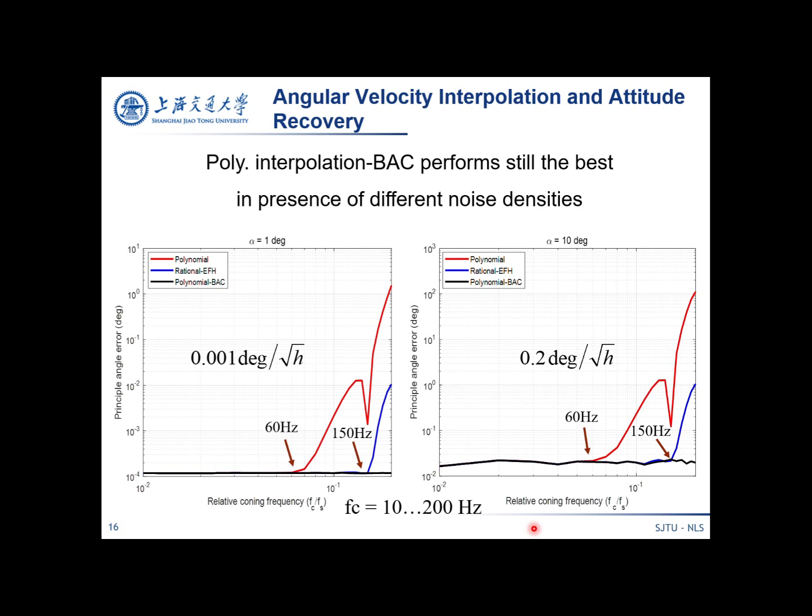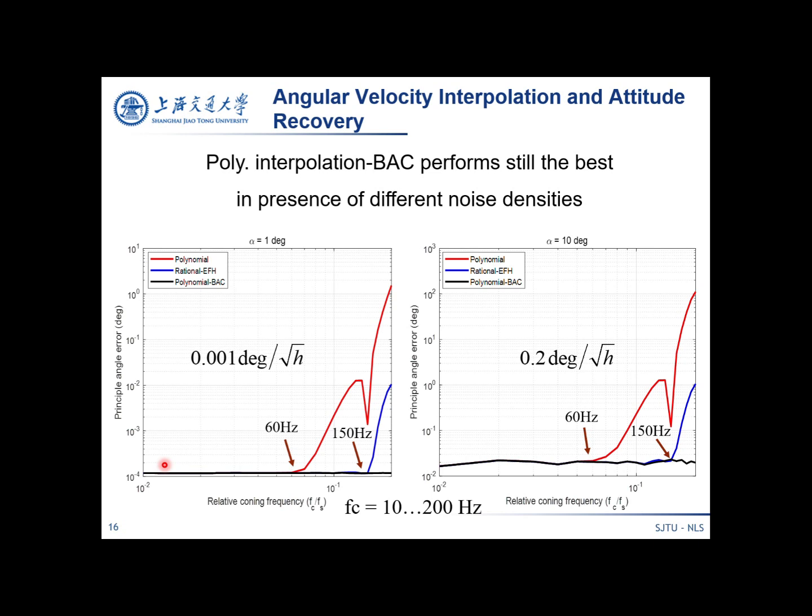For coning frequencies below 60 Hz, the gyroscope measurement error dominates the attitude computation accuracy, and the attitude errors are flat lines for all interpolations.